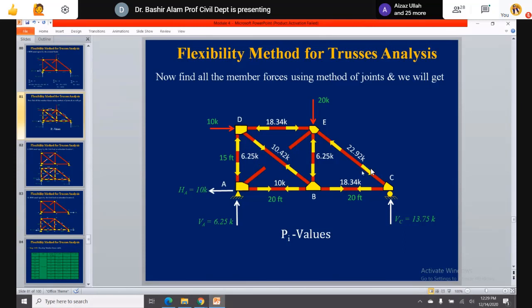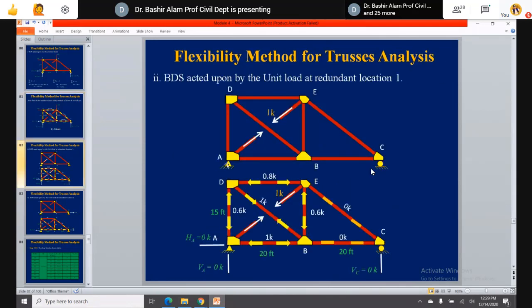You see each member force here. And from here we get the capital P values. Capital P values are found. Next, corresponding to AE, which was our AR1, remember the AE force, we applied a unit tensile force and analyzed the whole structure.